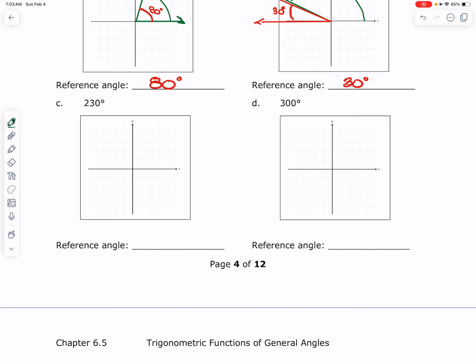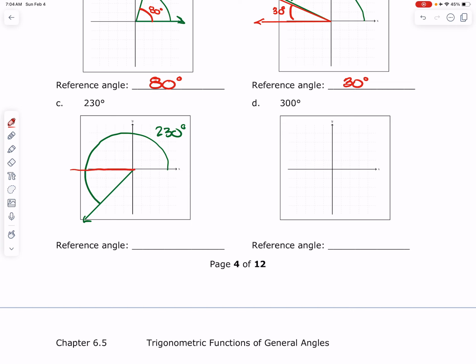For C, we have a 230-degree angle. That puts me past 180 degrees and down here somewhere. We'll go like that. There's my 230 degrees. I have passed that 180-degree mark.